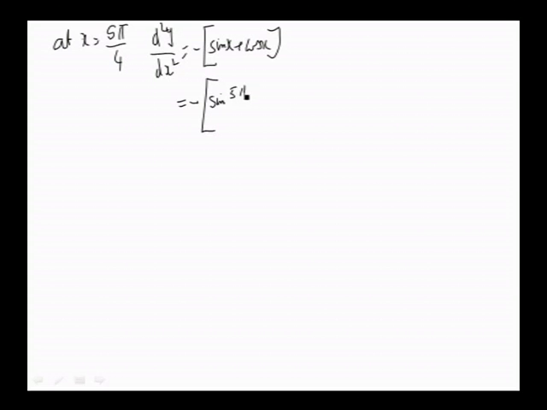At x is equal to 5 pi by 4, d squared y by dx squared is minus sin x plus cos x. Actually it is minus (sin x plus cos x), so this is minus (sin 5 pi by 4 plus cos 5 pi by 4).